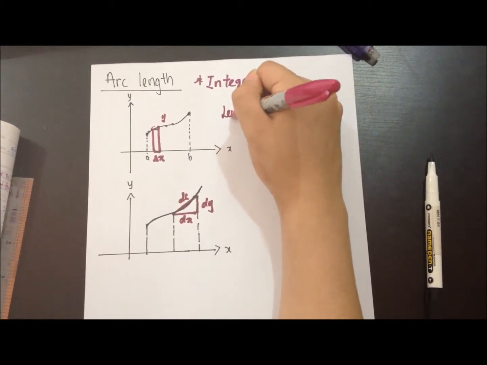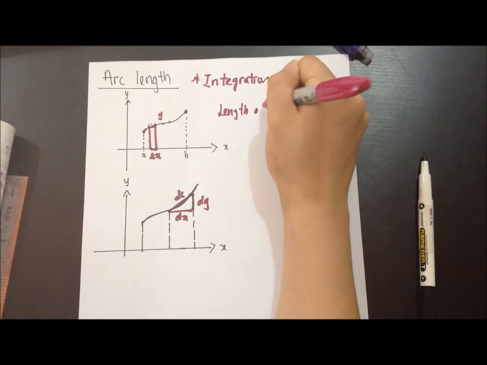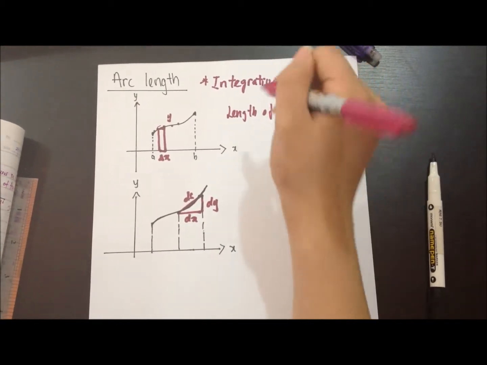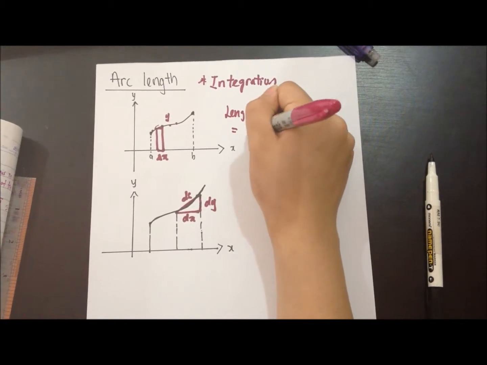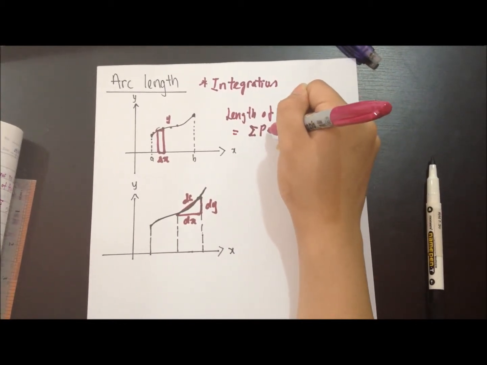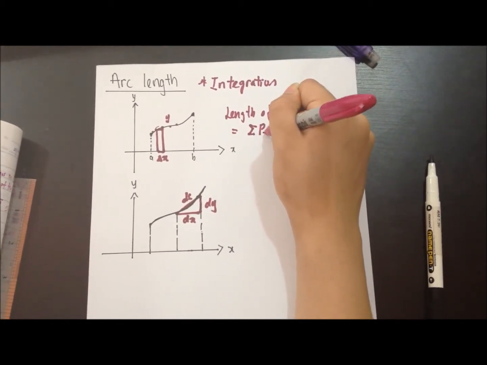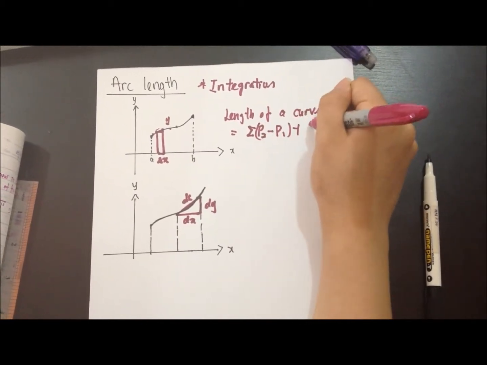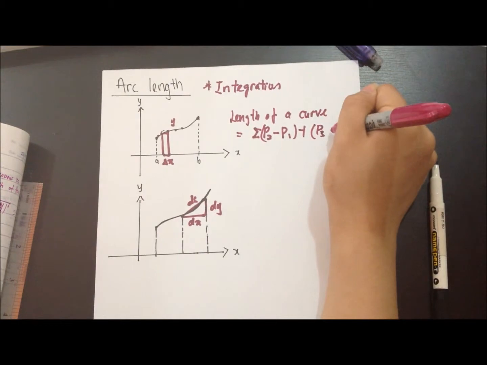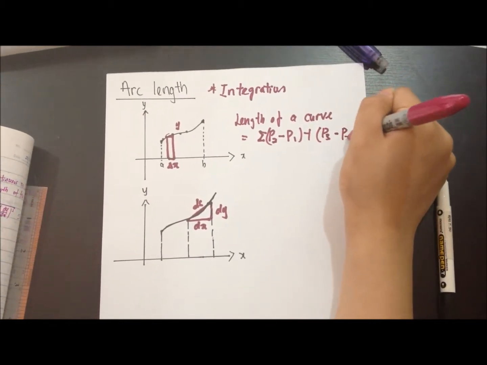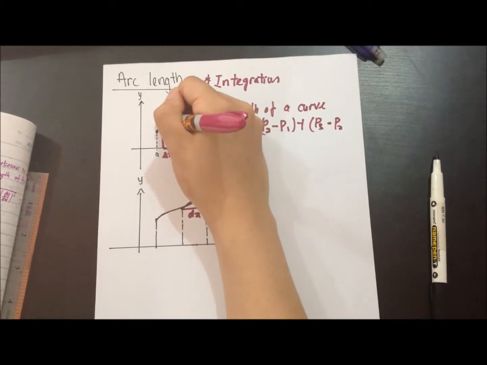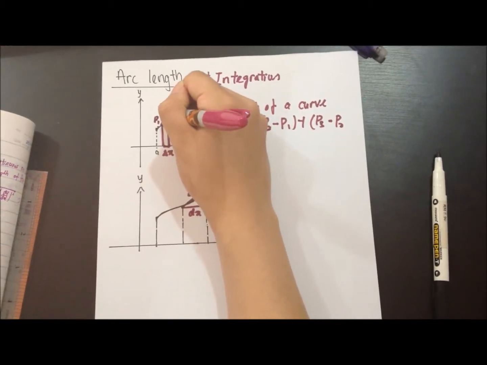The length of the curve we can call the sum of P1 minus P0, plus P2 minus P1, and plus P3 minus P2.